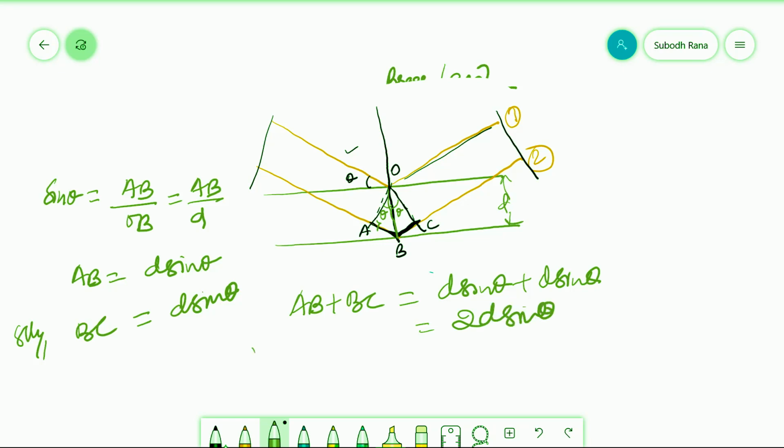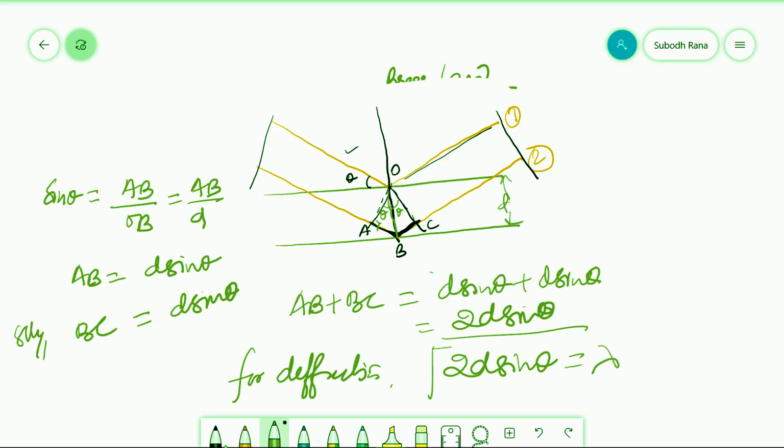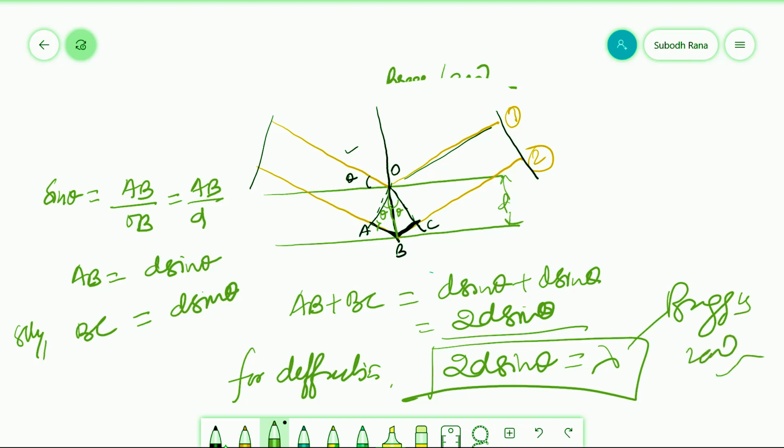And for diffraction to happen, this path difference should be an integral multiple of lambda. So this will be written as 2d sine theta equal to lambda, and this is Bragg's law. Okay guys, thank you. Hope this lecture will give you some idea.